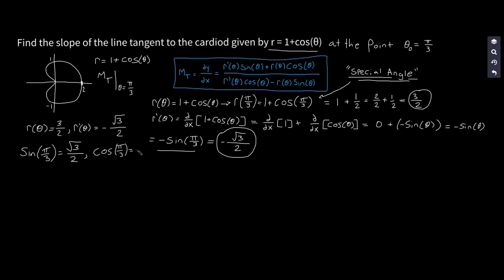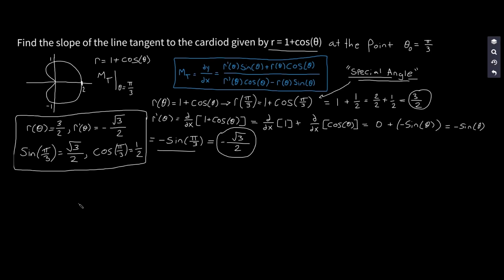Cosine of pi over 3 is 1/2. And honestly, I'm just going to put this in a little box here because I don't want to get confused.